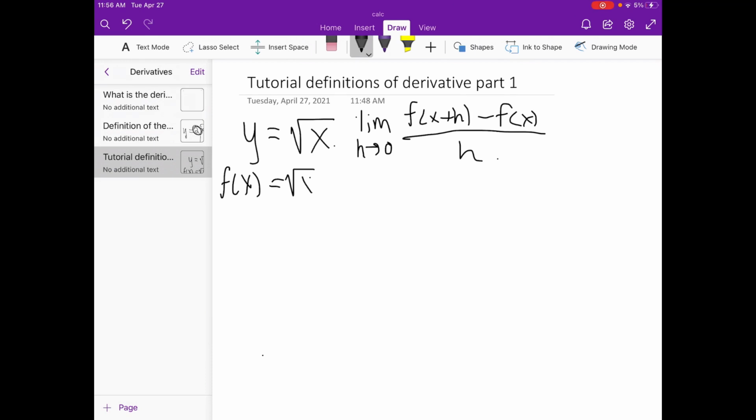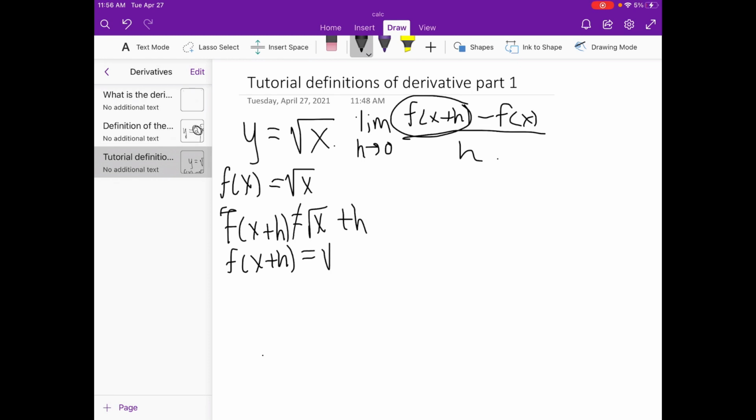And so, okay, what's our f of x? Our f of x is root x. Now, this part, f of x plus h, once again, I will point out, in this case, f of x plus h is not root x plus h. It is not. F of x plus h is root of x plus h.